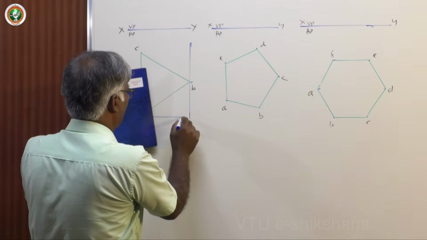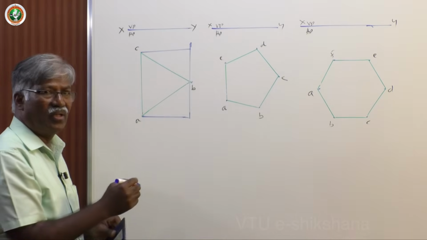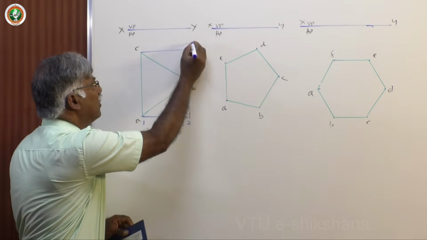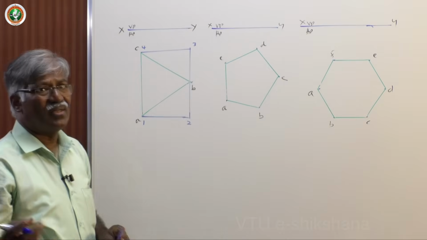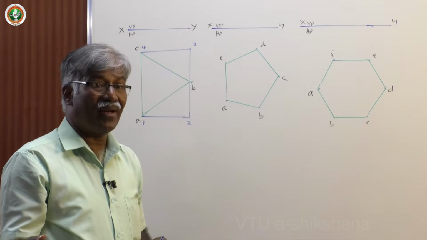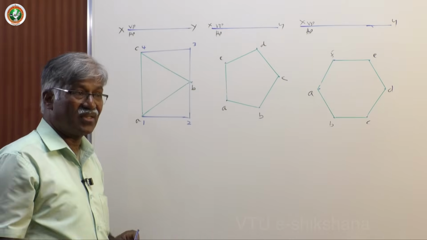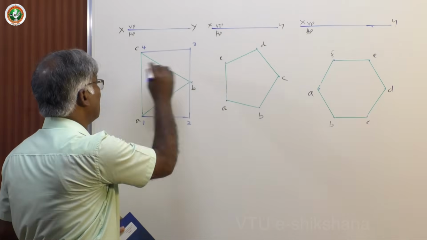Okay, now name this as 1, 2, 3, 4. Why am I keeping a box? Box will be either square or rectangle. Normally it is a rectangle for all other shapes. Only for a circle it becomes a square. Now 1, 2, 3, 4 is a rectangle.